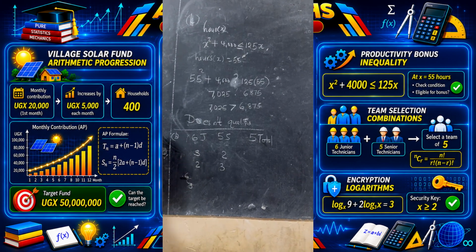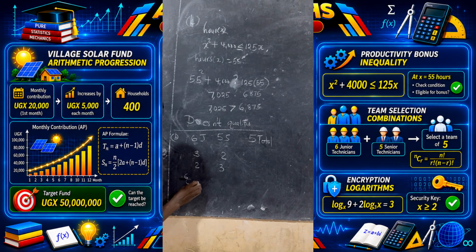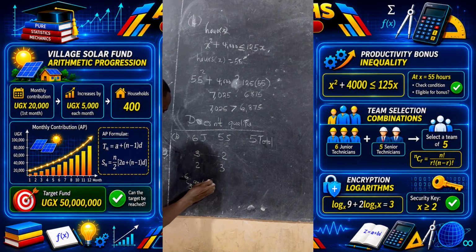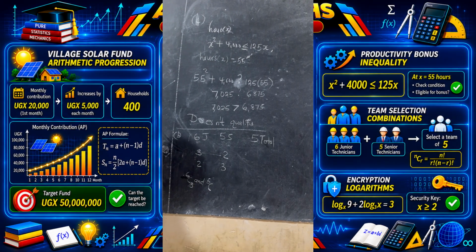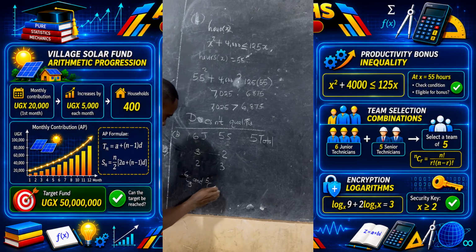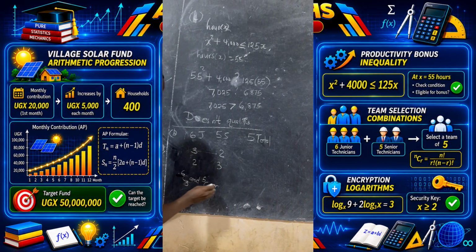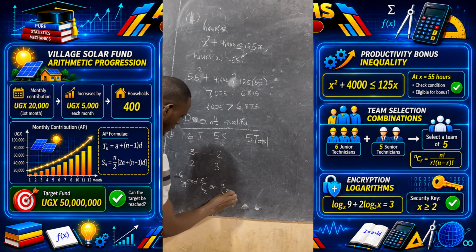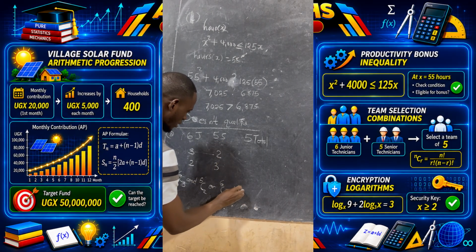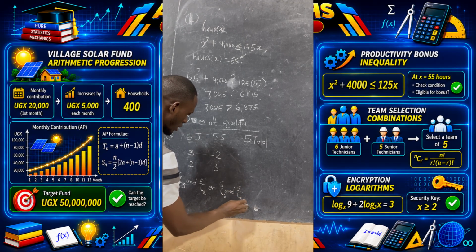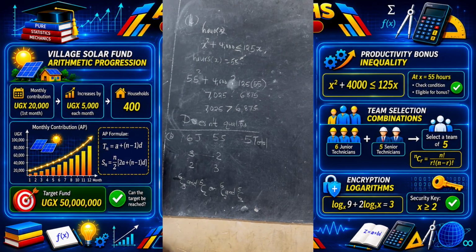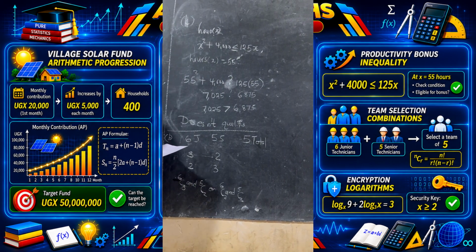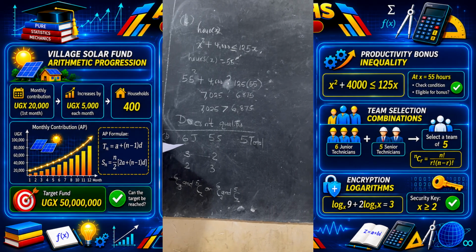So 6 combination 3, and this has to work with this: out of the 5 seniors, I'm choosing only 2. Or out of the 6 juniors, I'm choosing 2, and out of the 5 seniors, I am choosing 3. This is the condition that will give me the number of technicians.